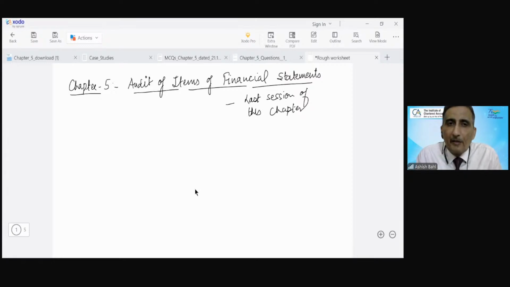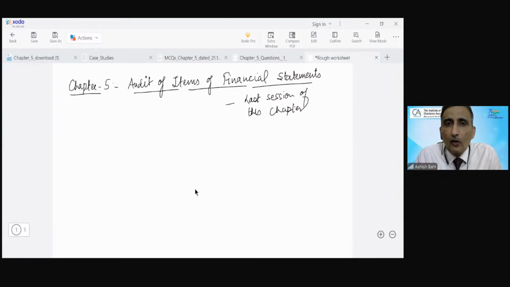So before we start those case studies, MCQs and descriptive questions, students, let us try to finish a small topic, that is verification of cash and cash equivalents which appear in the financial statements of an entity, particularly in context of a company.